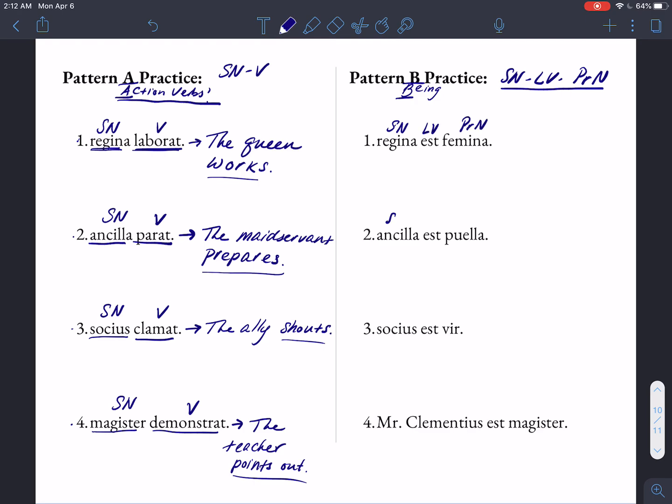SN LV PRN. And once again, Magistra, how do I know what these words are? Again, it's a simple vocabulary question.